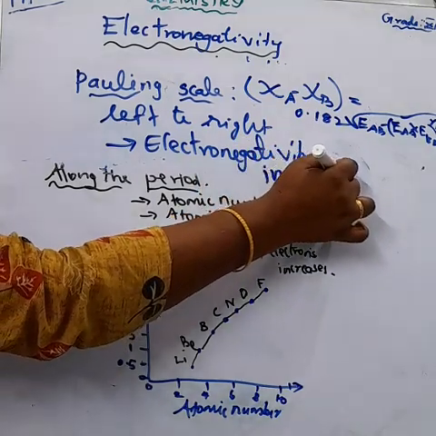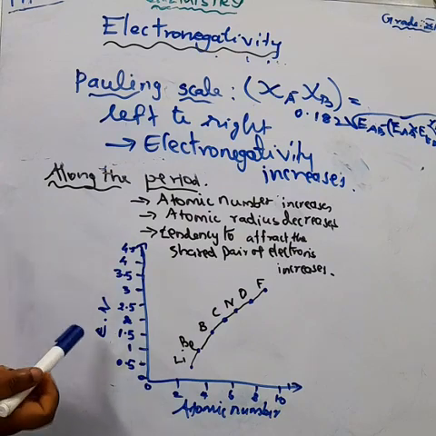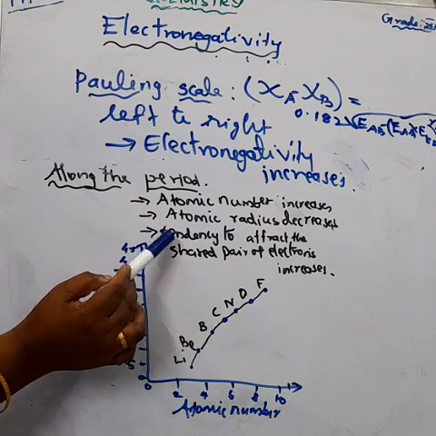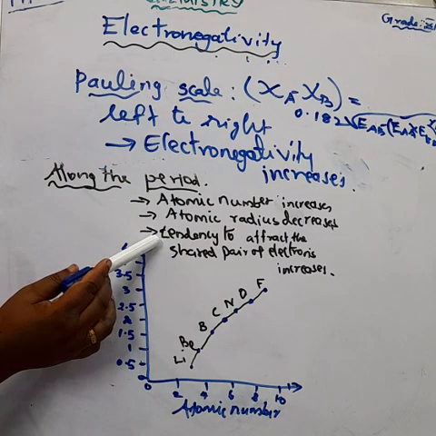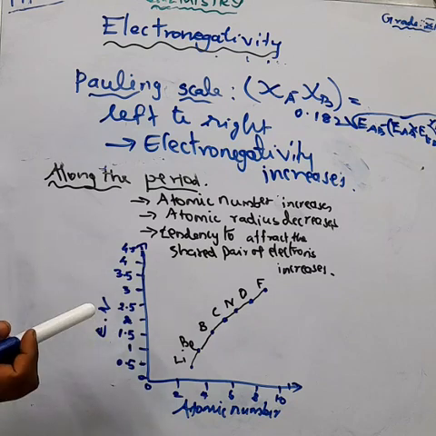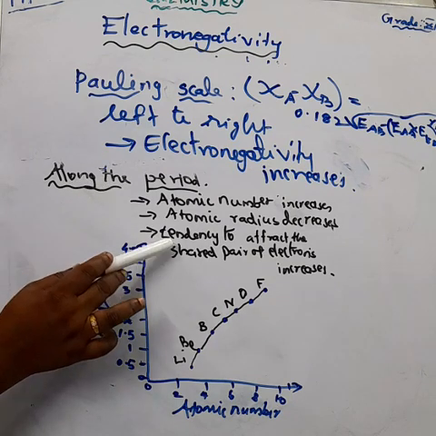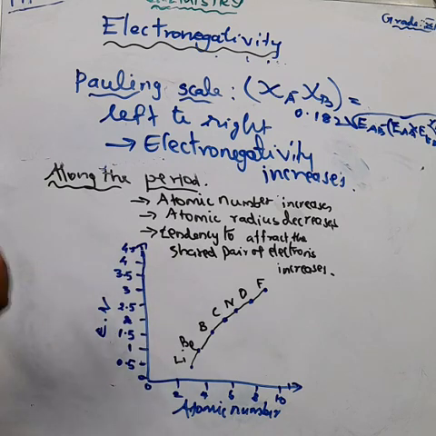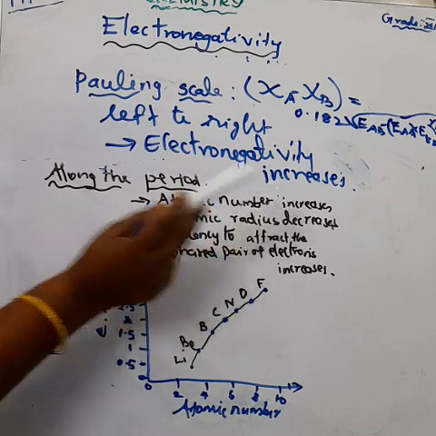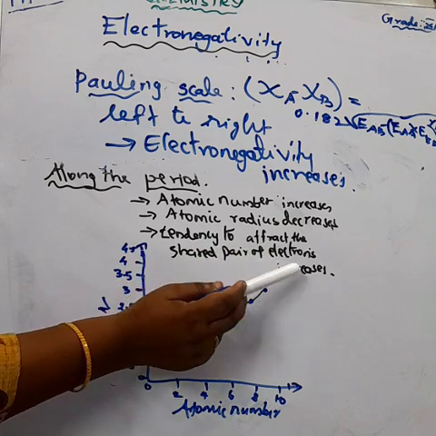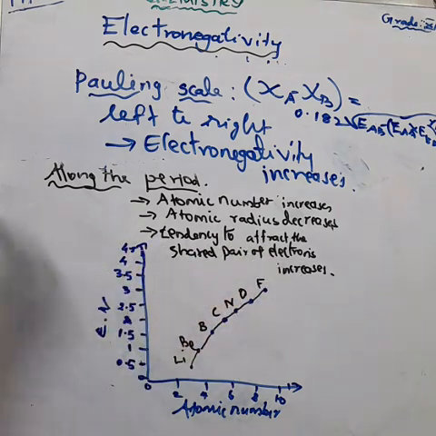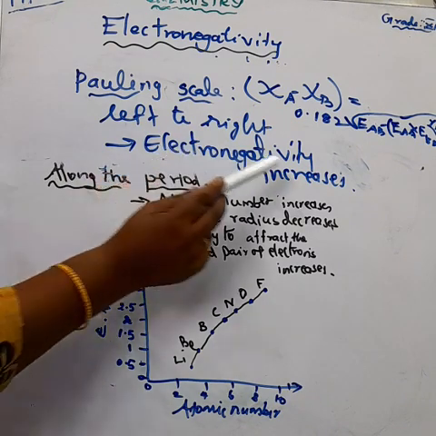The nuclear charge increases, so the nucleus pulls the outer electrons towards itself. So the tendency to attract the shared pair of electrons increases from left to right. Therefore, electronegativity also increases in a period.